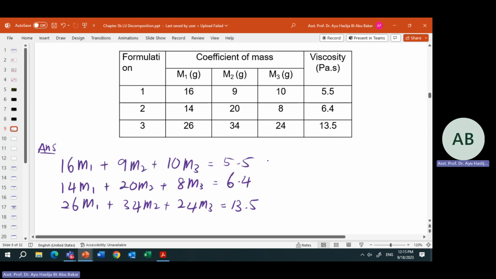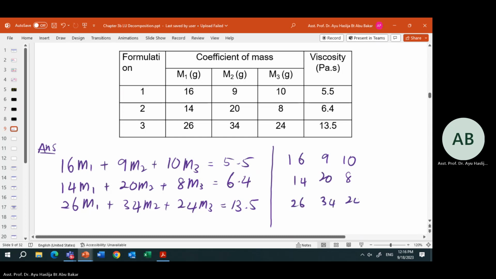Now, how about the matrix? You need to identify the matrices: A, the unknowns, and your B. This is your A matrix.